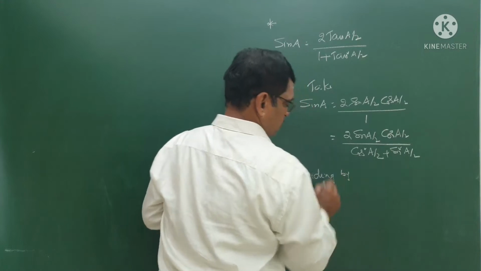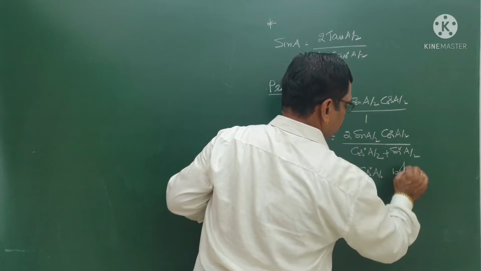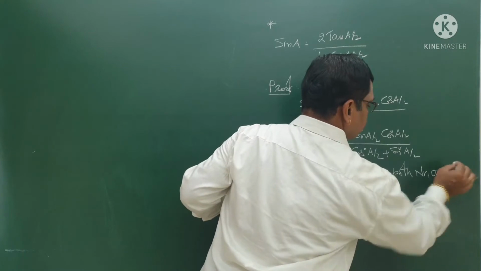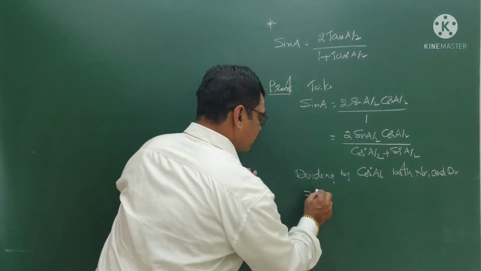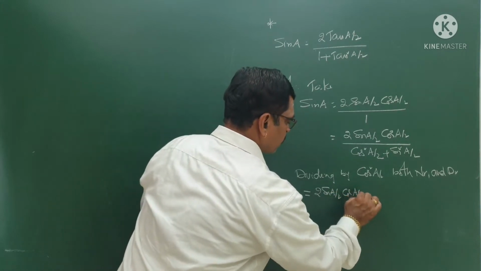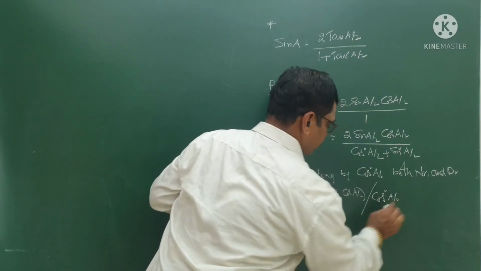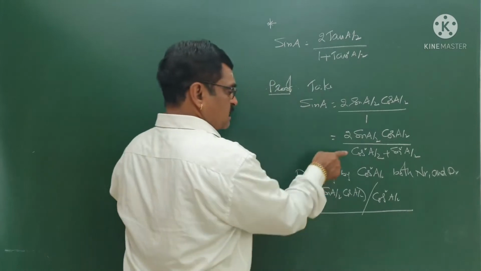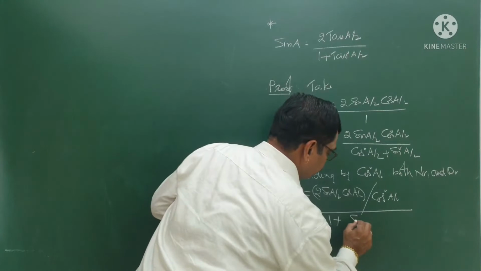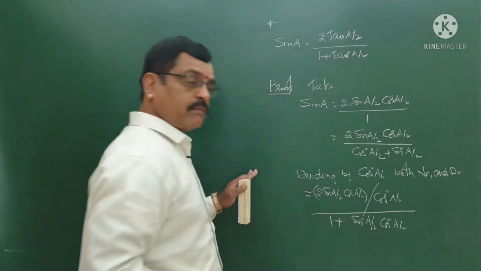So we get 2 sin A by 2 cos A by 2 by cos square A by 2, over this cos square A by 2 will become 1 and this sin square A by 2 by cos square A by 2.